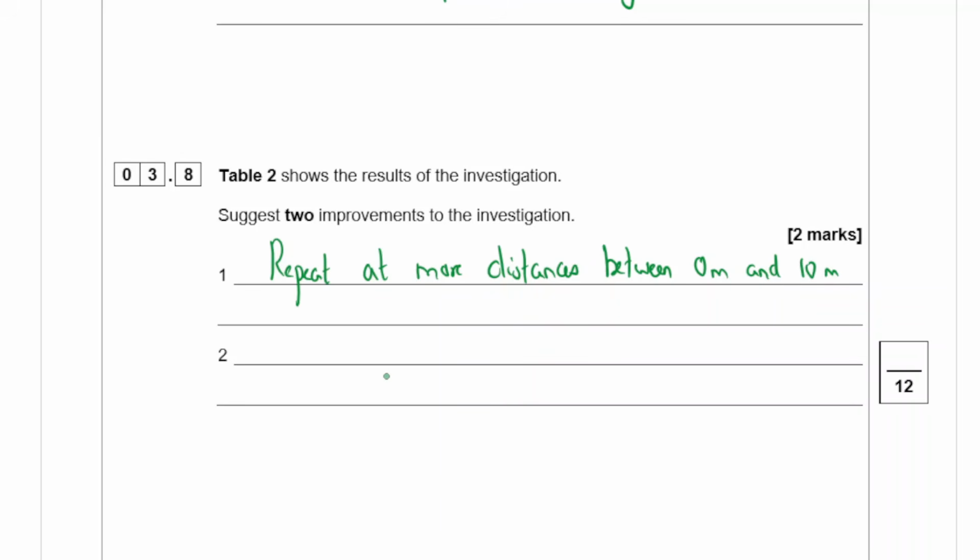They've done it 5 times. So repeat more than 5 times at each distance. You could also say repeat for other trees, or you could say repeat in other direction from the same tree.